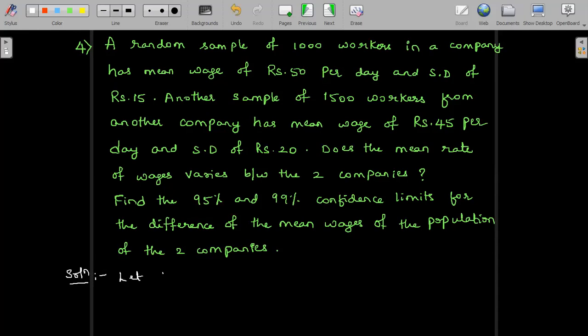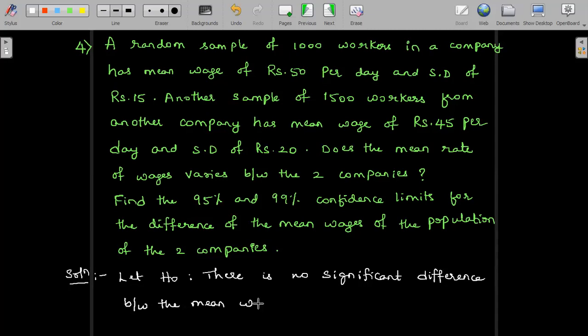And before all that, let us assume H naught: there is no significant difference between the mean wages of the two companies.